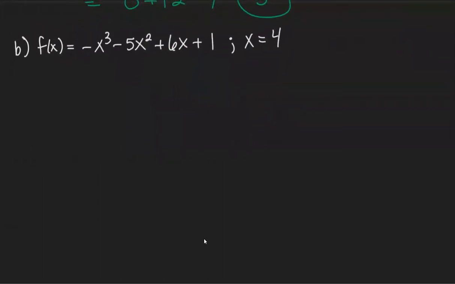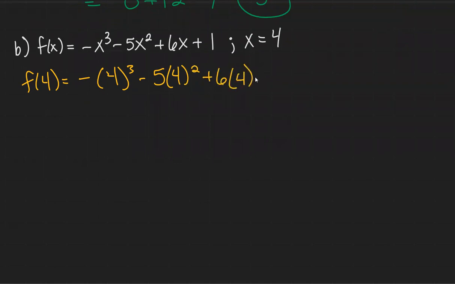Same idea. Now let's plug in 4 this time. We have f of 4 is equal to negative 4 cubed minus 5 times 4 squared plus 6 times 4 plus 1. Okay, what's 4 cubed?